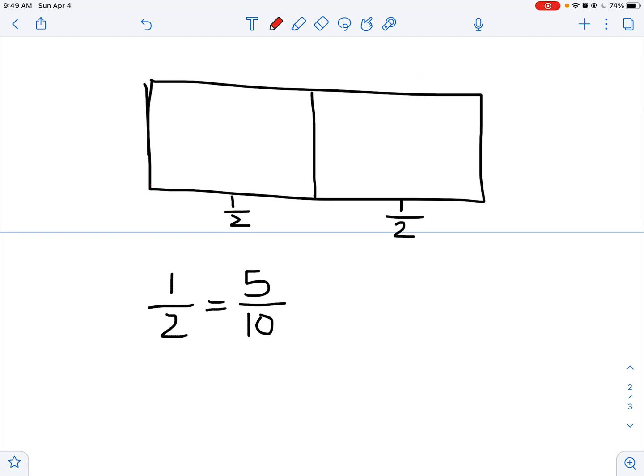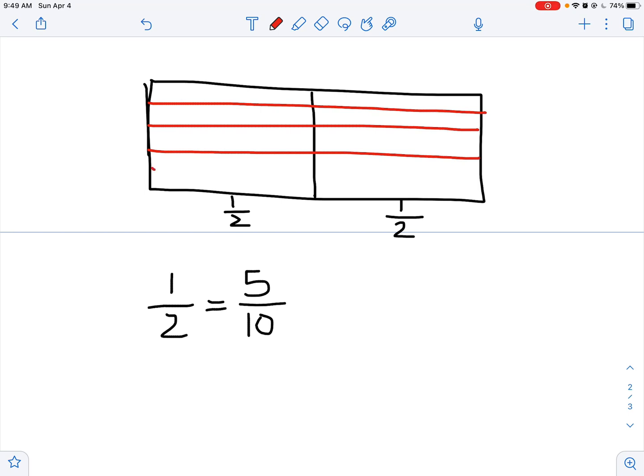So I'm going to think about how to make it in tenths, and I'm going to do 1, 2, 3, 4, and check if I've got 5 equal parts now. So I've got 1, 2, 3, 4, 5, 6, 7, 8, 9, 10. I meant 10 equal parts, guys, sorry. 5 on each side. So now I have tenths, right?